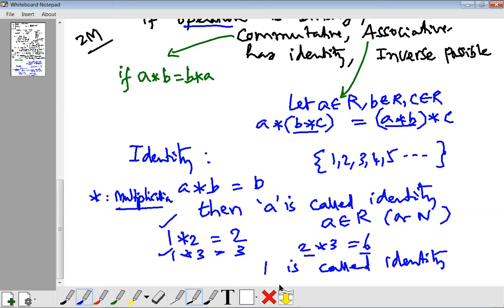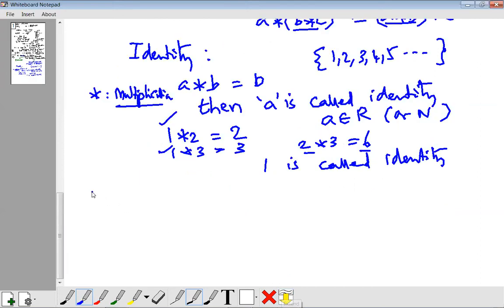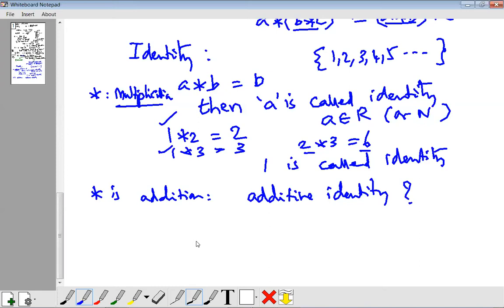If I replace multiplication and say the star is addition, we will be asking, can you find an additive identity? That means you do the operation A plus B, and you should get B. This is possible only if A equals 0, but 0 doesn't belong to N, the natural numbers.